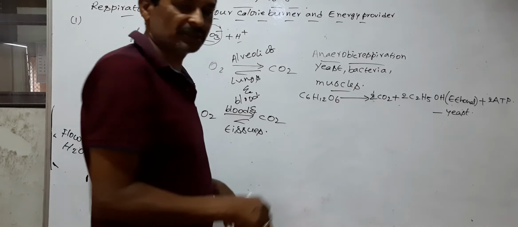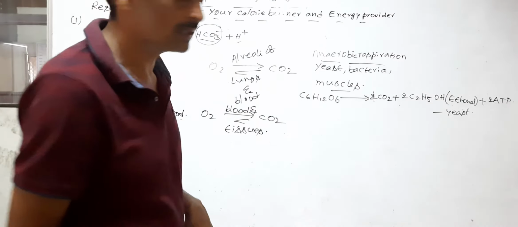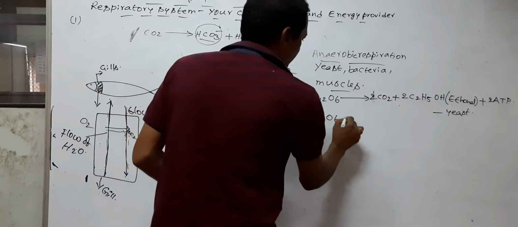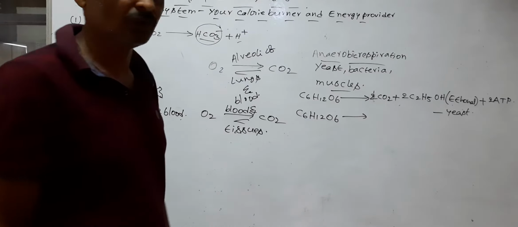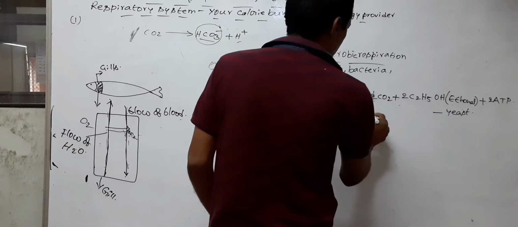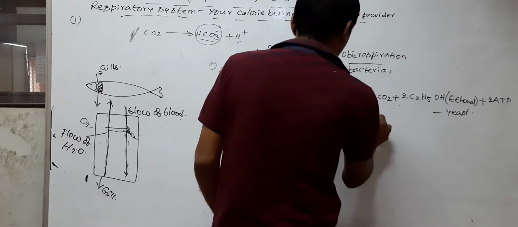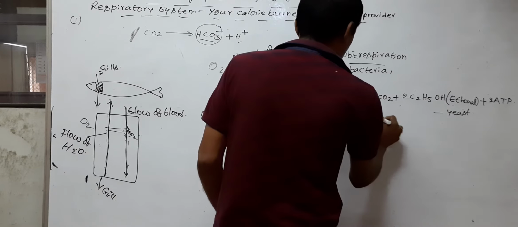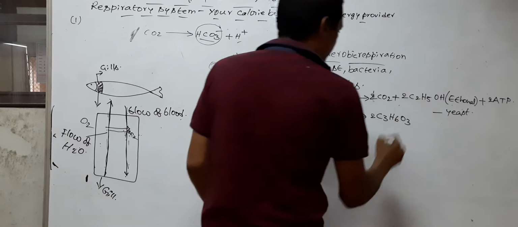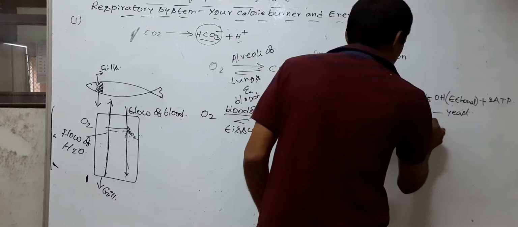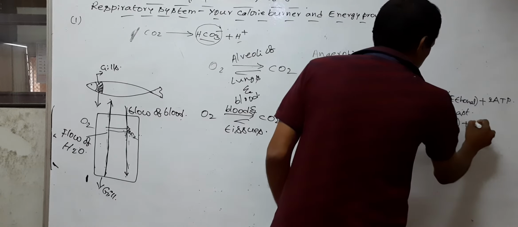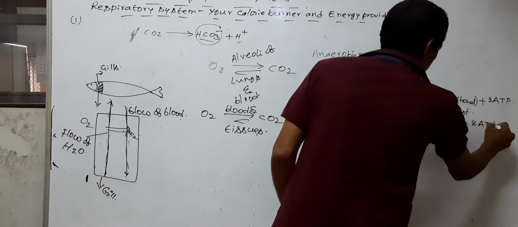Next, anaerobic respiration in muscles. C6H12O6, one molecule of glucose, breaks down and forms 2 C3H6O3, this is lactic acid, plus 2 ATP.